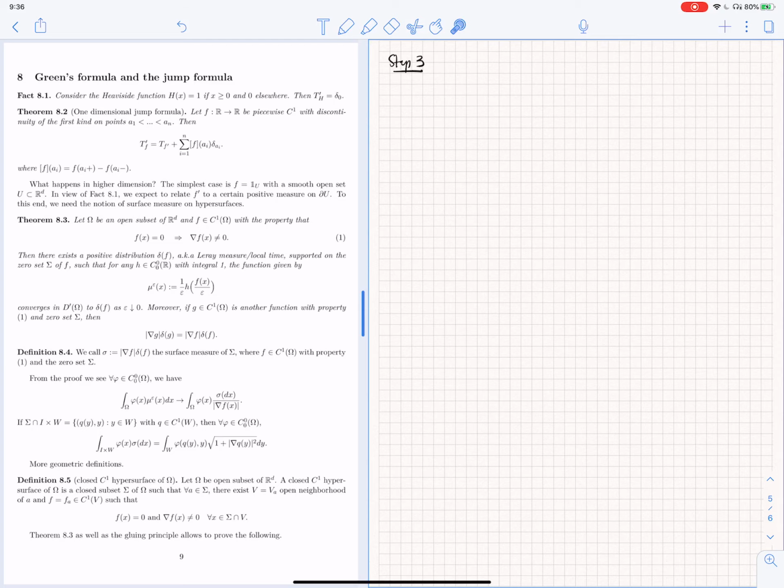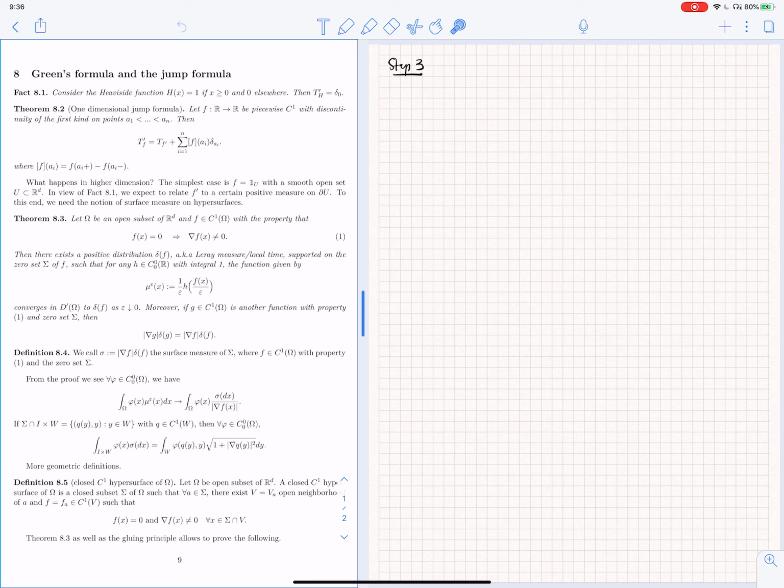As already said, there's no problem in defining such a product because this is a positive distribution, so a zero order distribution. Multiplication by a continuous function is not a problem. So what we need to show is just that we have another function, and we want to show the products are equal. So the first thing we can do is the following.